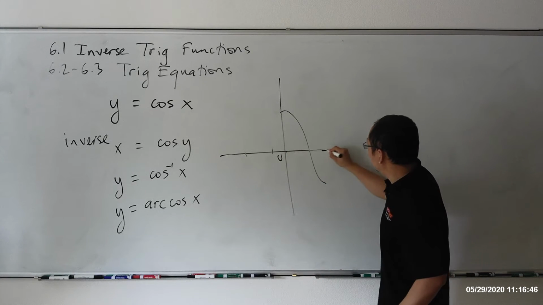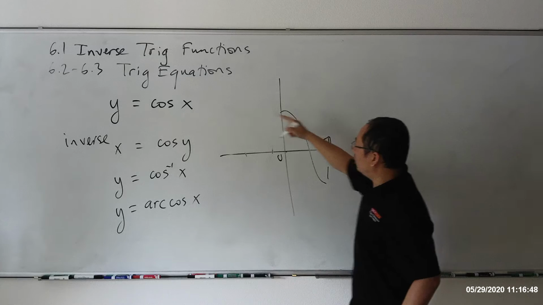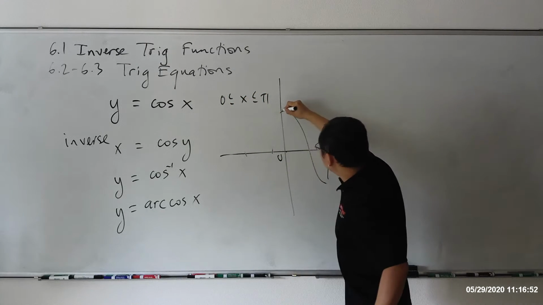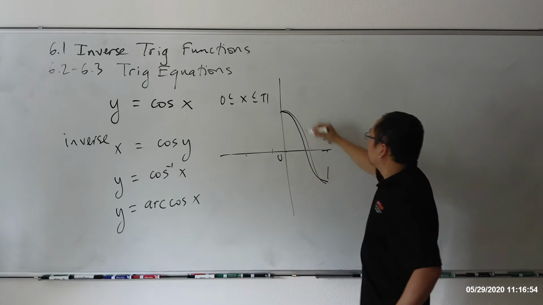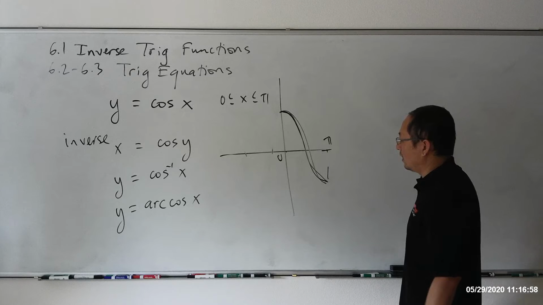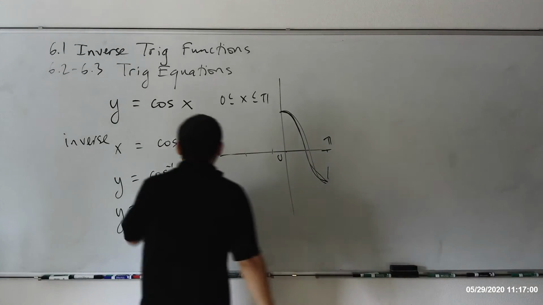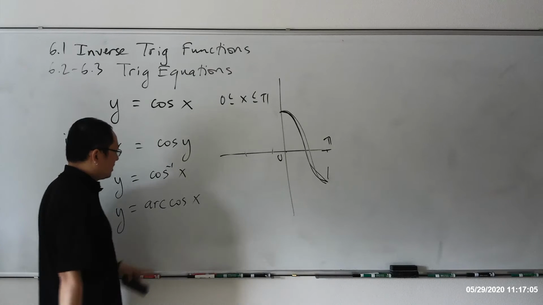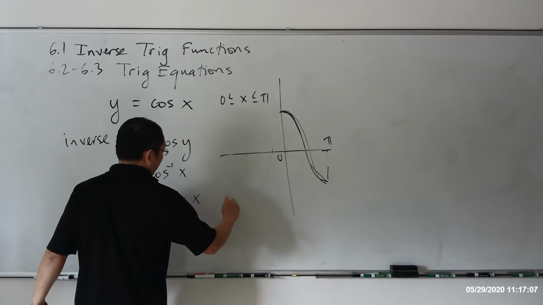If you restrict x from 0 to pi, now our function is only that much, and it passes the horizontal line test. It's going to have the inverse function. The x for the original function is from 0 to pi, and y turns out to be the range, from 0 to pi as well.